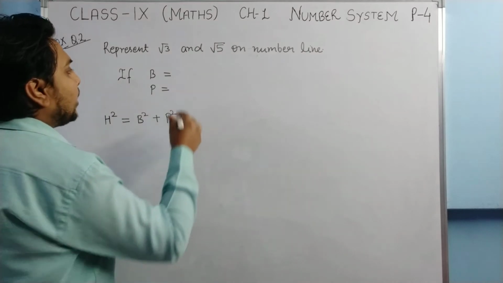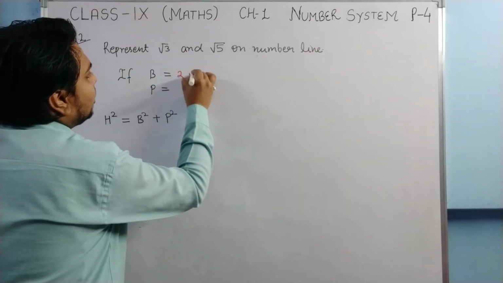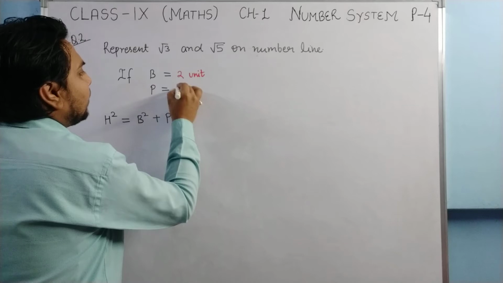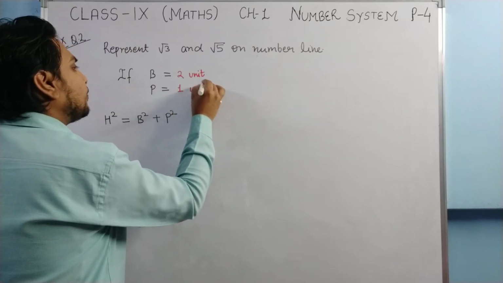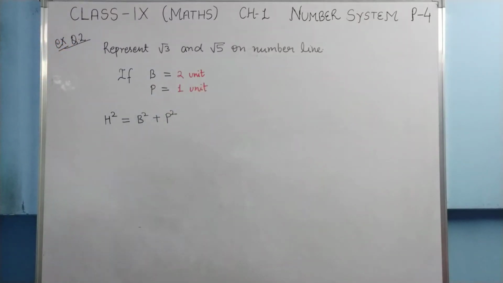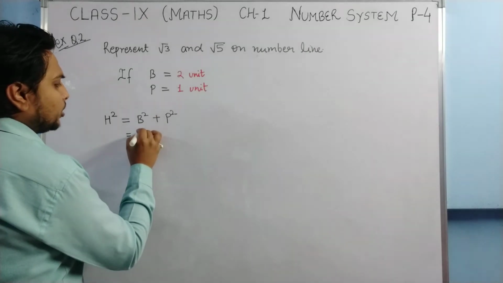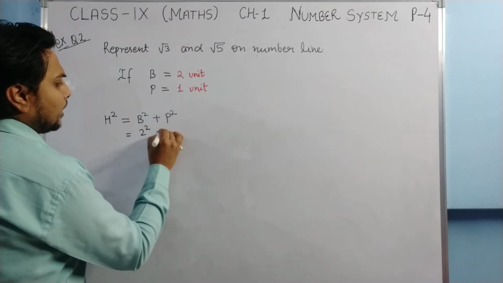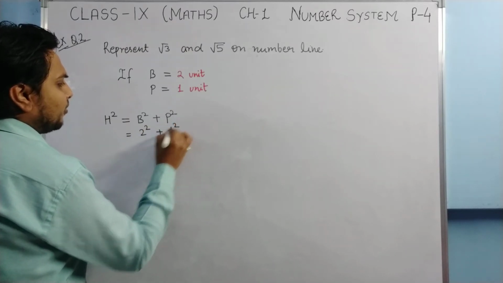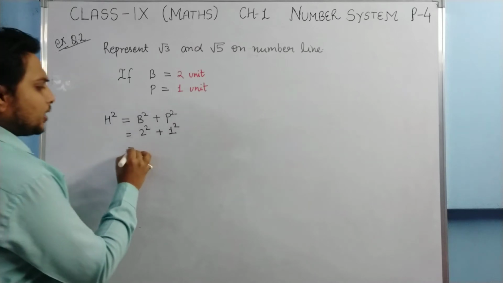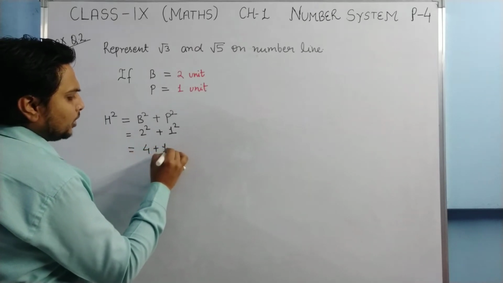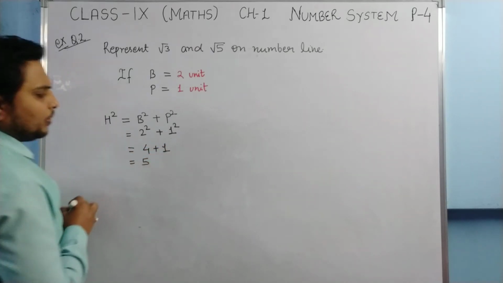Suppose at base I have taken 2 units, and at perpendicular I have taken 1 unit. Then in the Pythagoras theorem, if you put base as 2 units, it will be 2 square, and perpendicular as 1, so 1 square. 2 square is 4, 1 square is 1, so it will be 5.